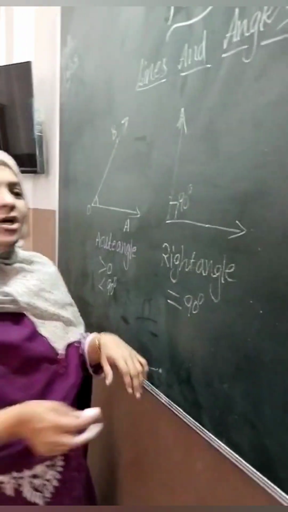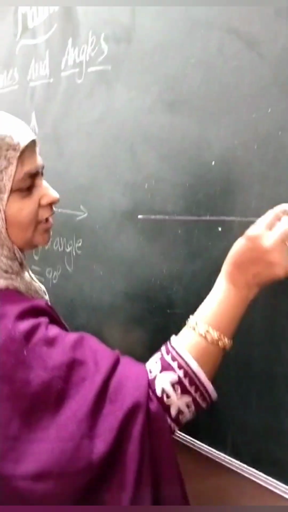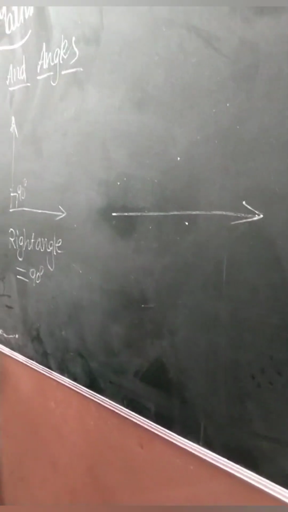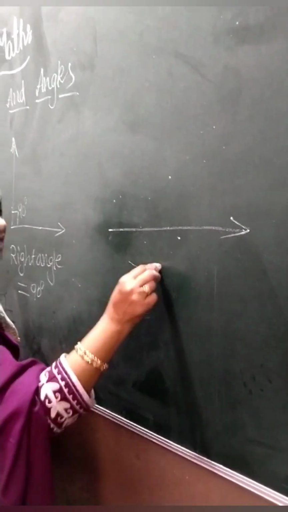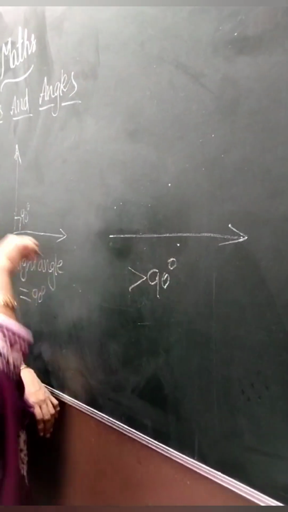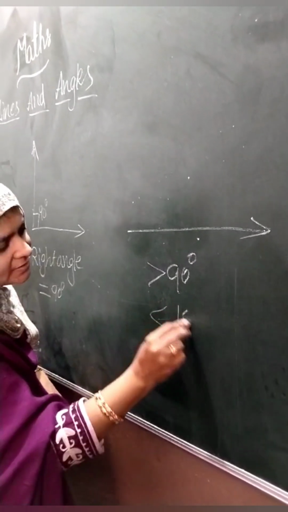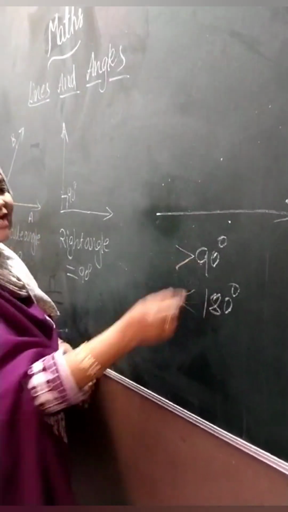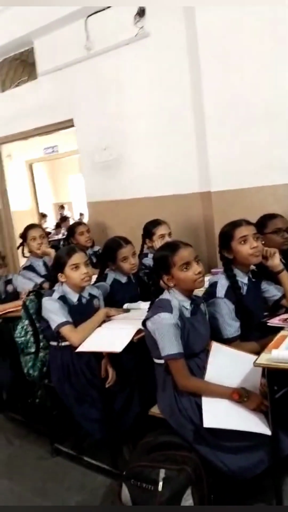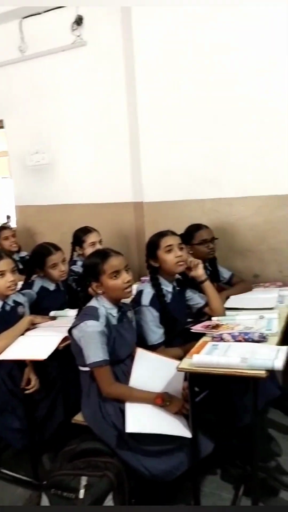Now, if the angle measure is greater than 90 degrees and less than 180 degrees, then we call this angle an obtuse angle.